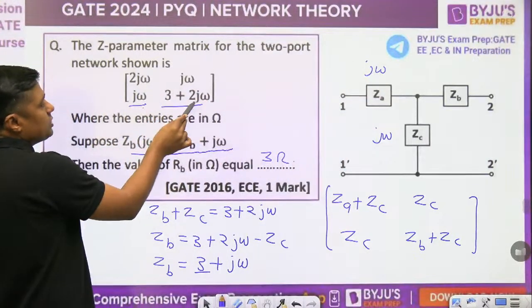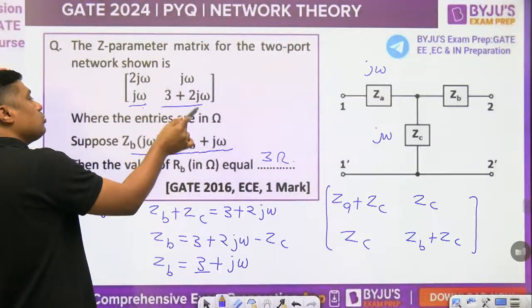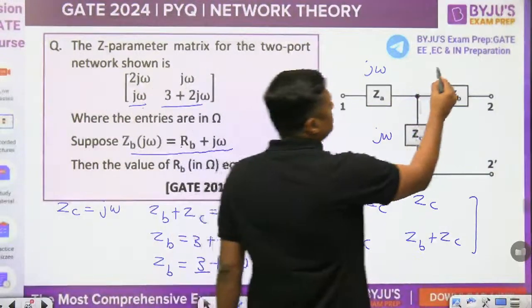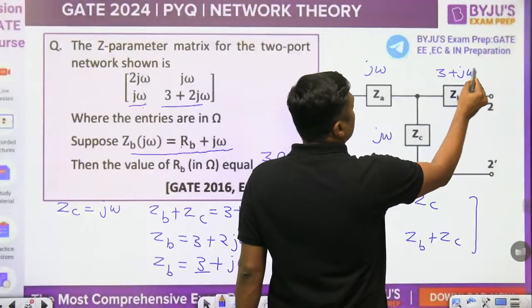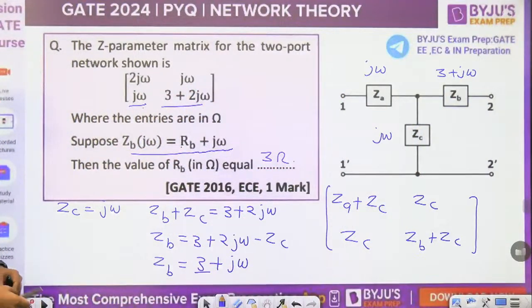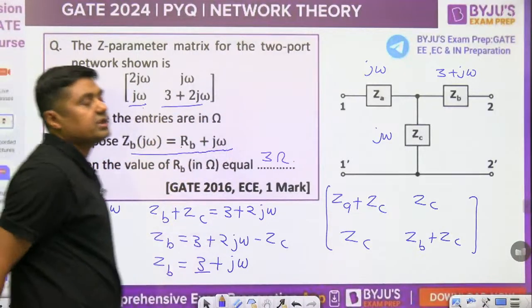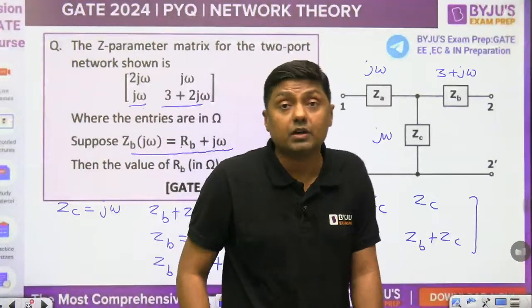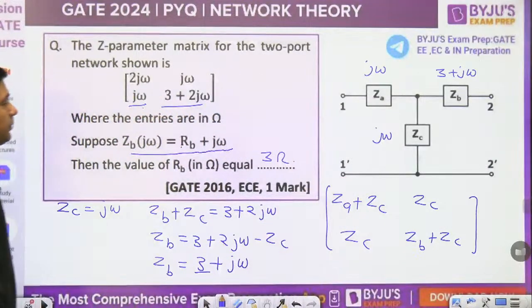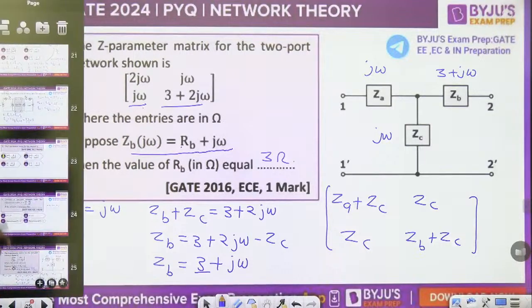This is the 3 plus 2J omega, that is ZB plus ZC, so it is 3 plus J omega. So directly you can compare and say RB is equal to 3. No need to write all the equations. In the exam we have to save our time also. This is a very easy one. Next question, next one.